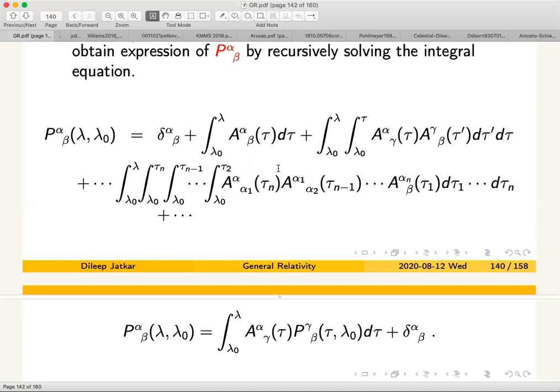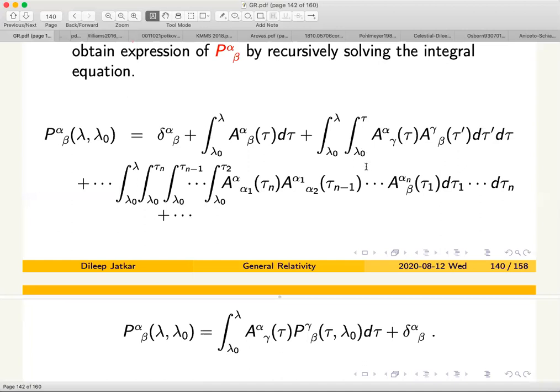You would encounter similar expressions when you do quantum field theory. If you look at how this integration is done over two parameter space, forget about the n parameter space, just look at this two parameter space, then you will find that tau prime is always less than tau.